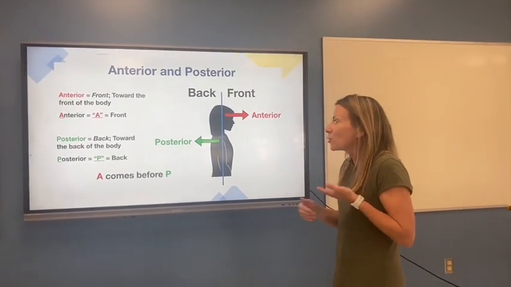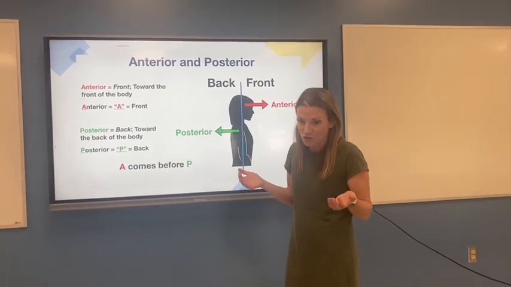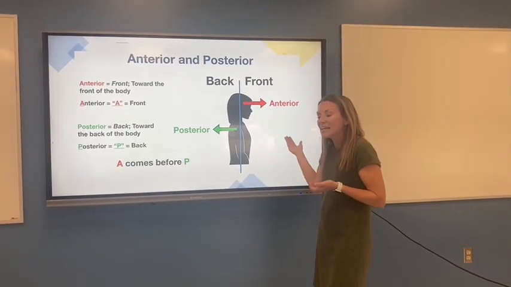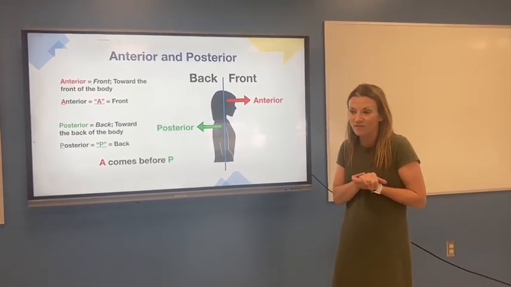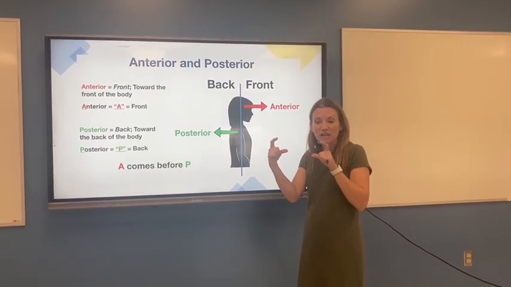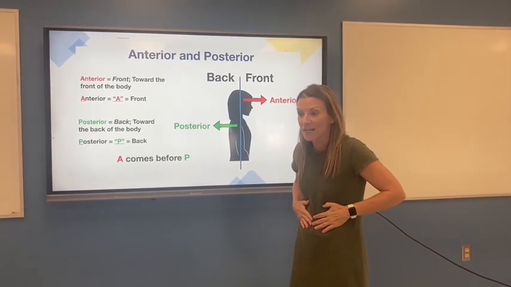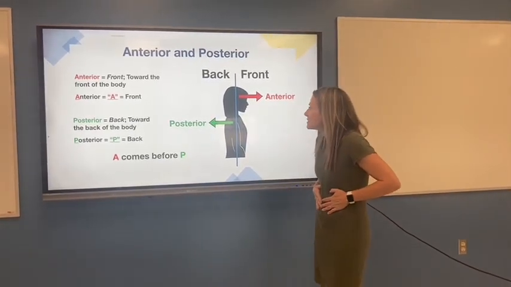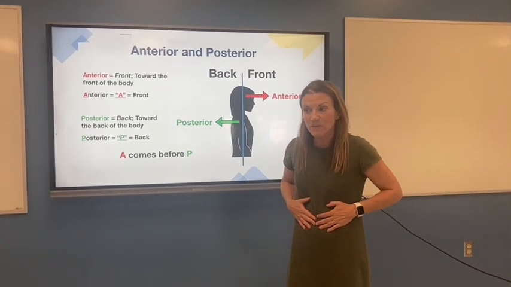Just to make things a little more complicated, there are often more than one term for medical terms. So you may hear the anterior portion referred to as the ventral side of the body. The root word ventri means stomach or abdomen, which is on the front of our body. A way to remember that is, if you've ever heard of a ventriloquist, what does a ventriloquist do?